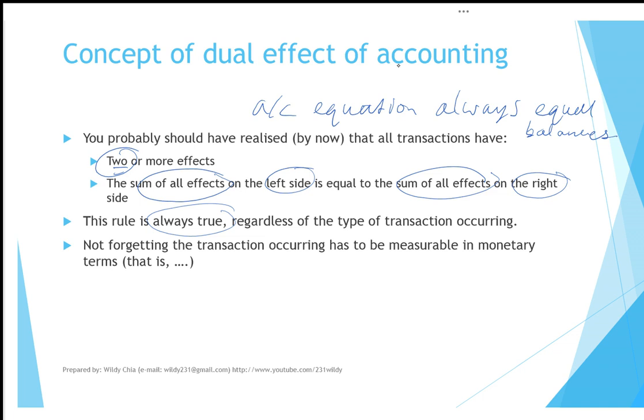You never have a situation where the left hand side is greater than the right. Both sides, left and right, must always be equal, regardless of the transaction that is occurring. Not forgetting also that the transaction that is occurring has to be measurable in monetary terms, right? Like what you saw in my examples, measurable in monetary terms means that these have to be in dollars and cents, or whatever other currency that you might be studying this in.